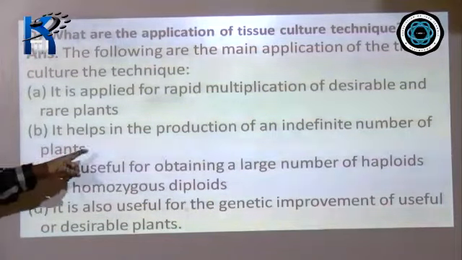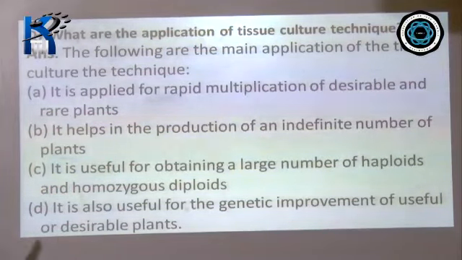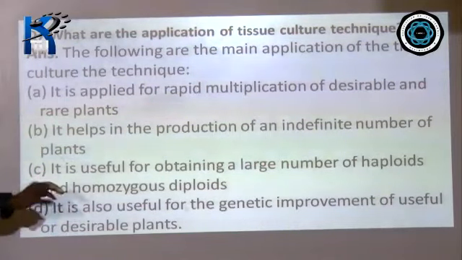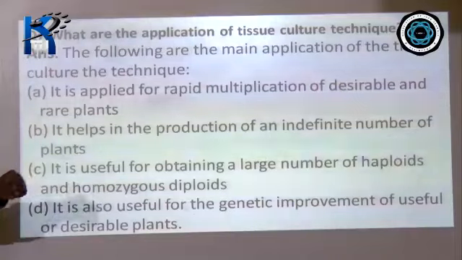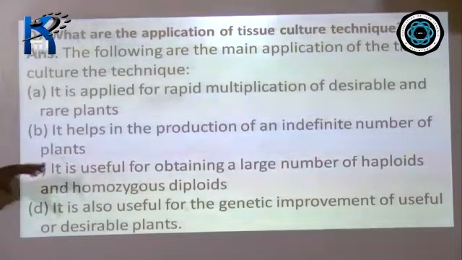For that, it helps in the production of an indefinite number of plants within a short period of time, whereas in the conventional system, like fruiting, then seed, then sowing, it takes a long period of time and depends on environmental factors. Here everything is done in the lab. One cell is taken out, then you culture it, callus, plantlet, all that, totipotency I am talking about, and you get innumerable plants within a short period of time.